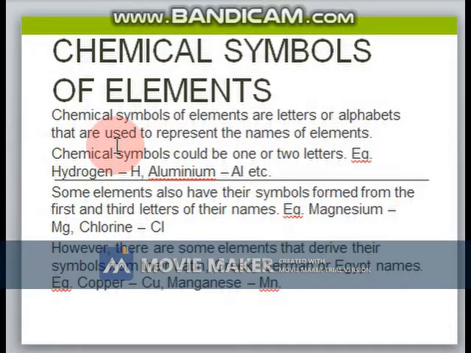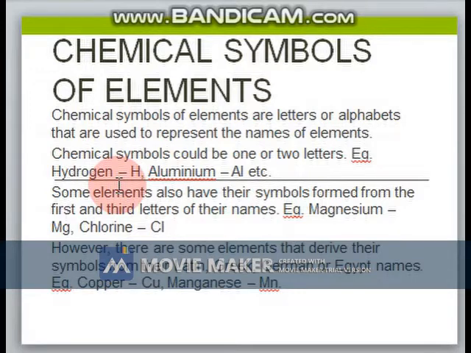Chemical symbols could be 1 or 2 letters. When you look at hydrogen, it has only 1 letter as its chemical symbol. When you look at aluminium, it uses 2 letters to represent its chemical symbol.